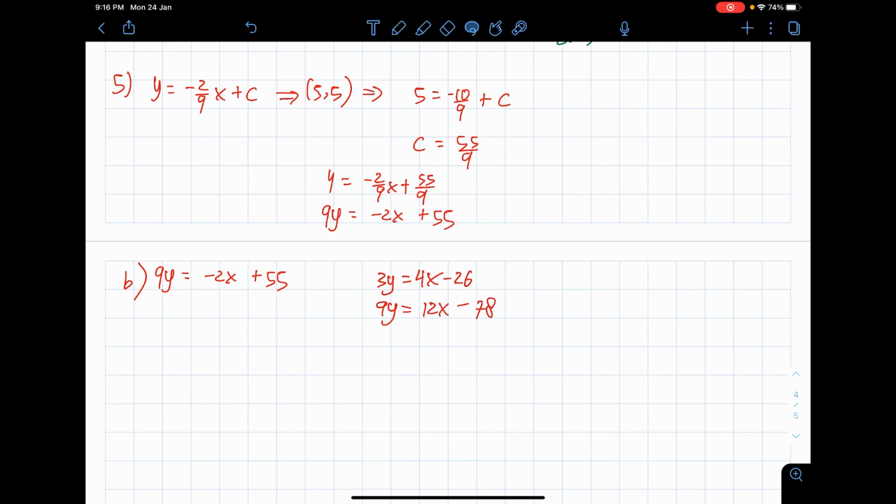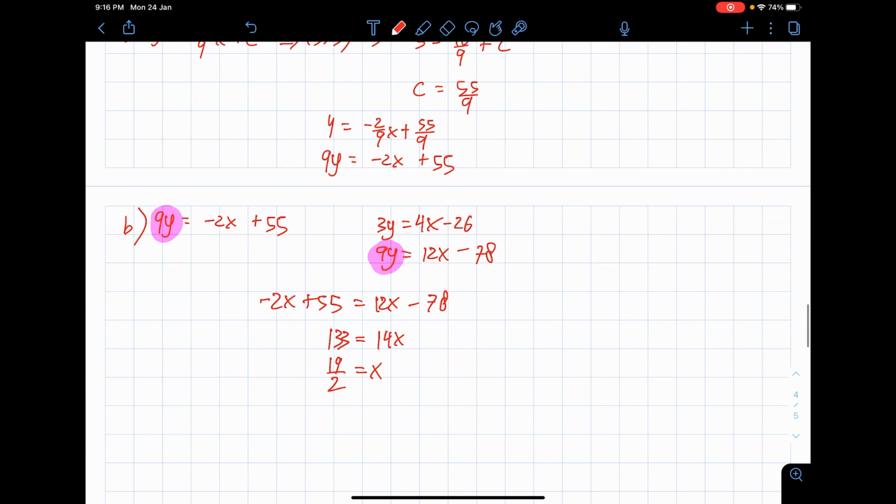Okay, and then I'm going to do substitution. Since they have 9y here and 9y there, I'm going to substitute them next to each other. So then negative 2x plus 55 equals 12x minus 78. So that x is 19 over 2.